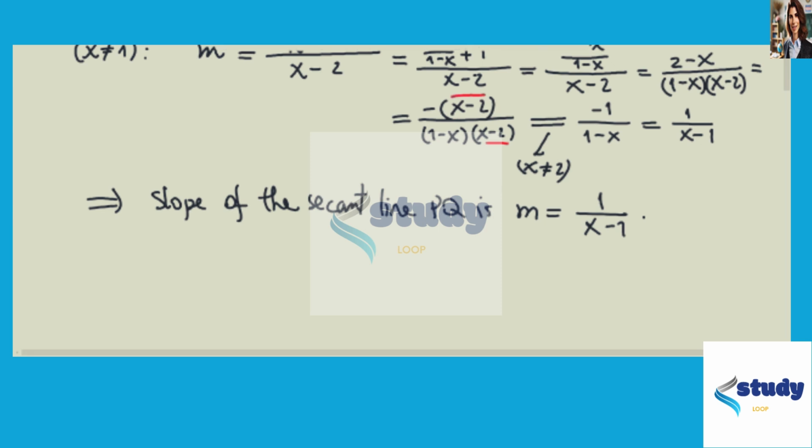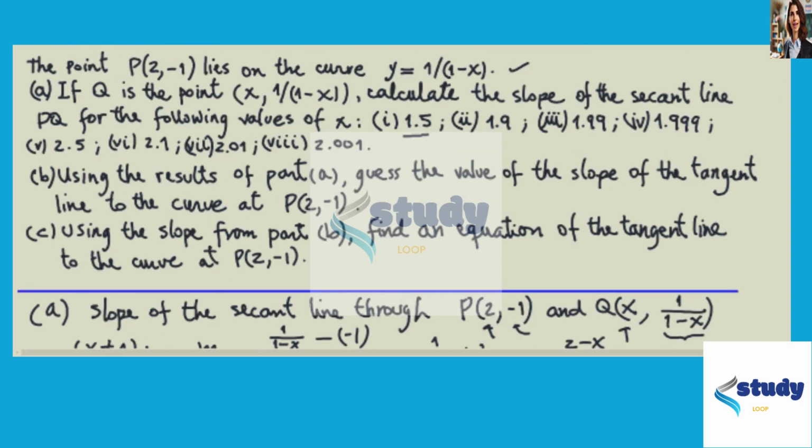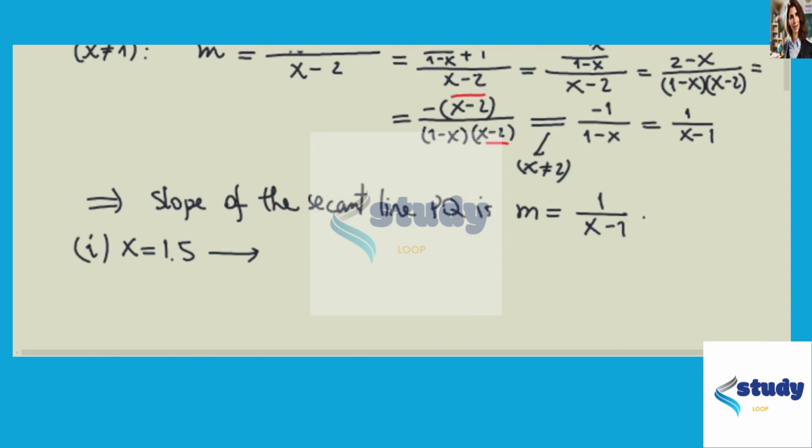And now we can calculate all these slopes for x equal 1.5, which is the first value here. We get then the slope 1 over 1.5 minus 1, which is 1 over 0.5. Remember 0.5 is 1 half, so it's equal to 2.